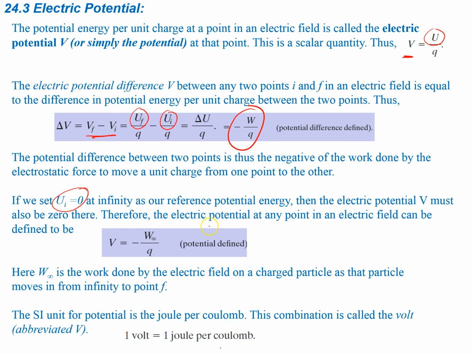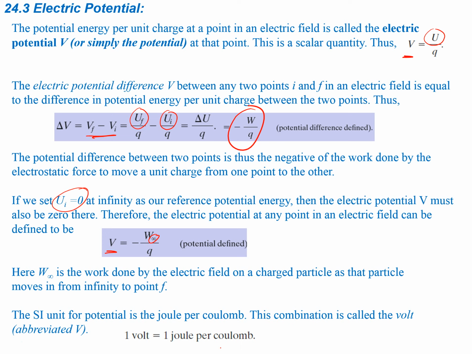So therefore, the electric potential at any point in an electric field can be defined as our potential is equal to the opposite of work with a reference point at infinity divided by Q. Here, the work at infinity is the work done by an electric field on a charged particle as that particle moves from infinity to point F. All right, so if we're coming from infinity to some final point, that's what the work is going to be.